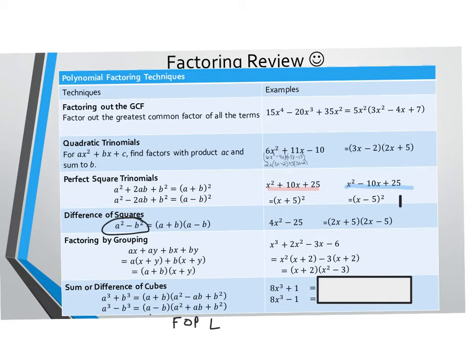So you still have to write this a minus b or this a plus b, as we see here in our numeric examples, right? So u would be 2x because that's the cube root of 8x cubed, and 1 or negative 1 would be the cube root of 1. And then we FOPL: first term squared, so 2x quantity squared is obviously 4x squared, right?